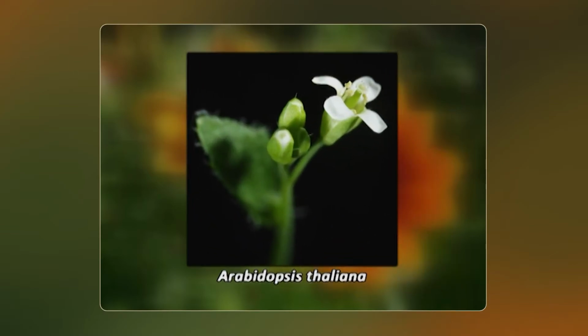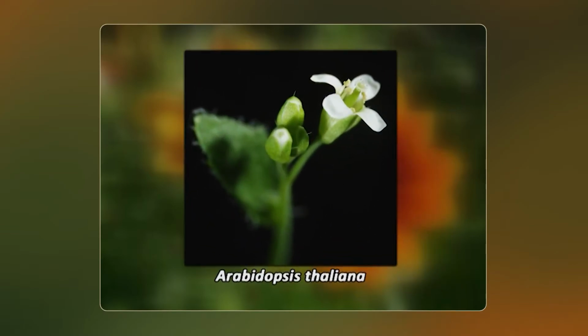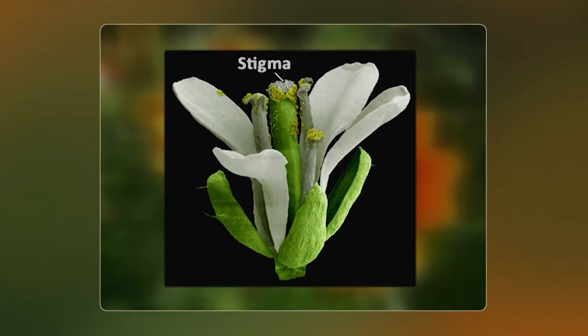Studies of pollen adhesion carried out on Arabidopsis thaliana showed that the stigma of the species binds selectively the Arabidopsis thaliana pollen with a very high affinity, and this interaction occurs very fast, taking only a few seconds after pollination.